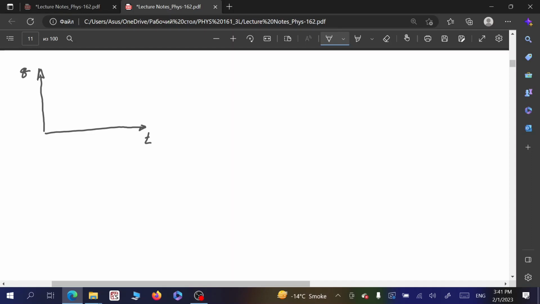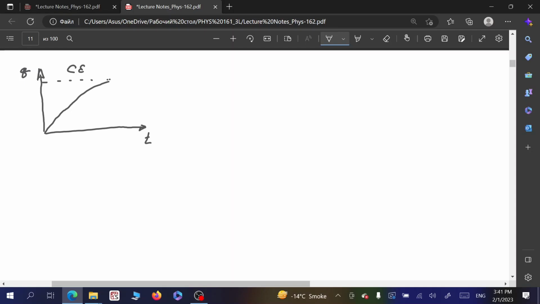Here we can show the maximum charge which can be accumulated, so C times epsilon. And this is how our function looks like.